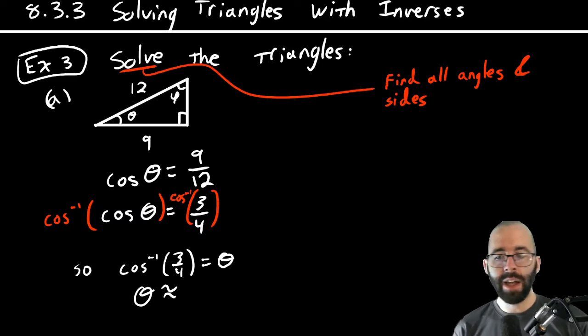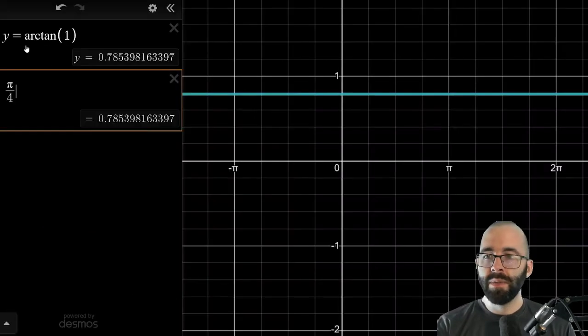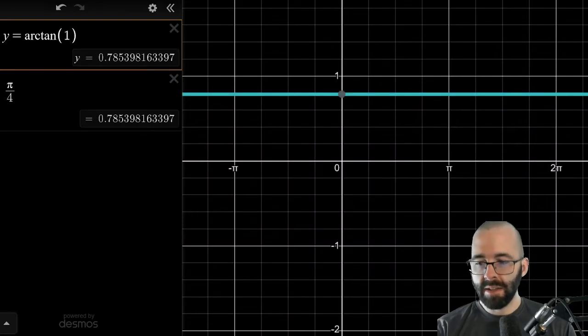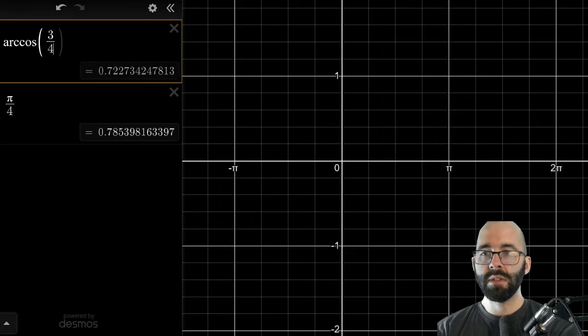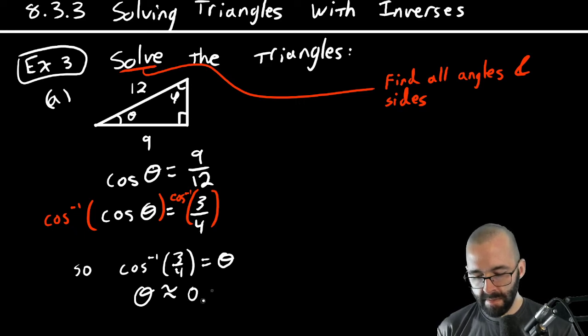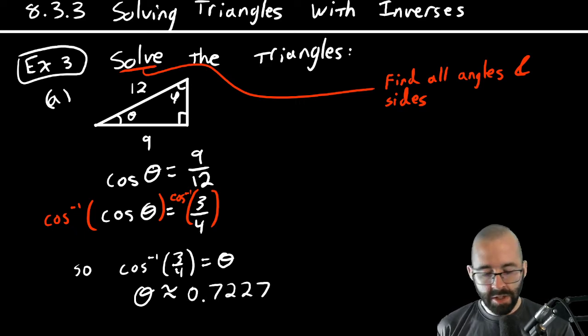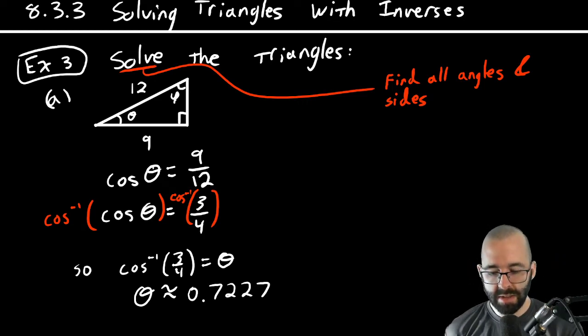This is no special triangle. It's impossible to evaluate this exactly. What we're going to do is find out what is the inverse cosine, the arc cosine of 3/4. And it's approximately 0.7227. Use 4 decimal places for these angles when possible.